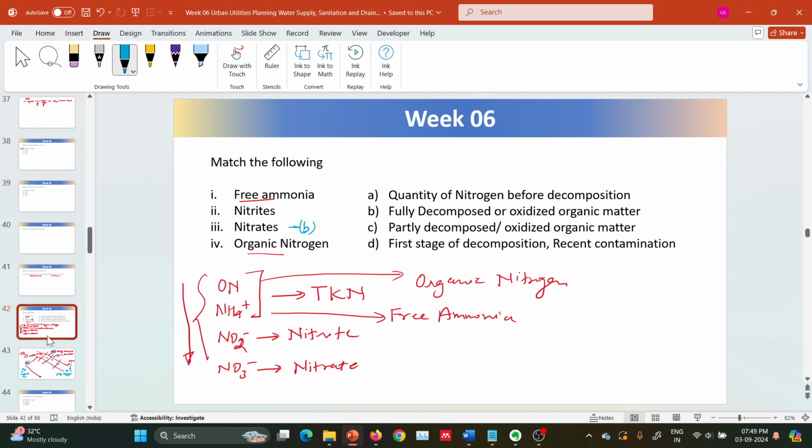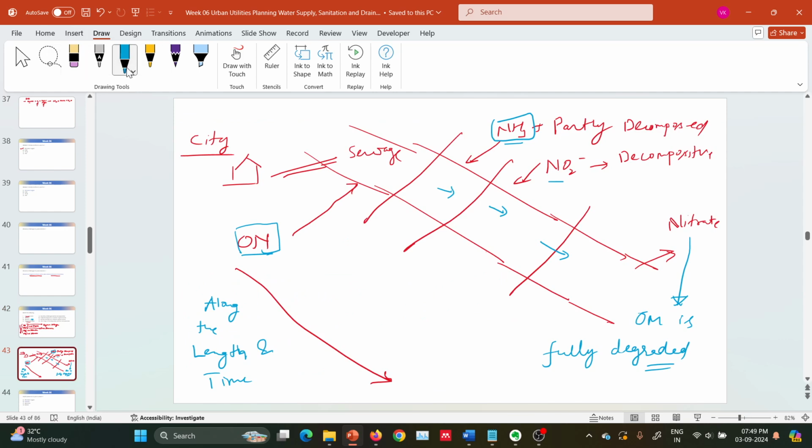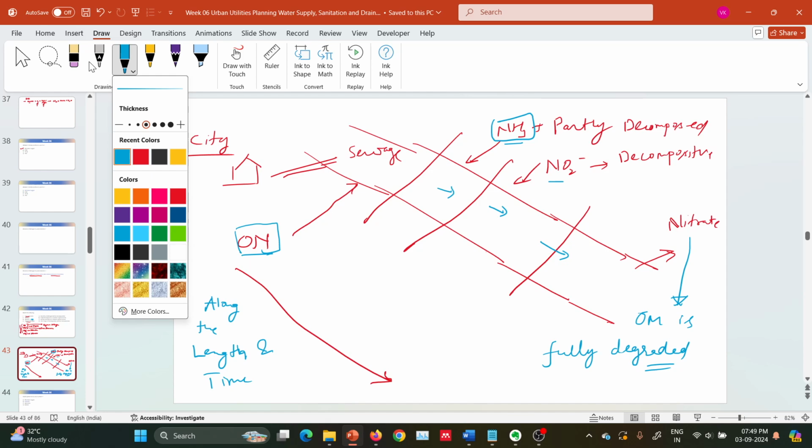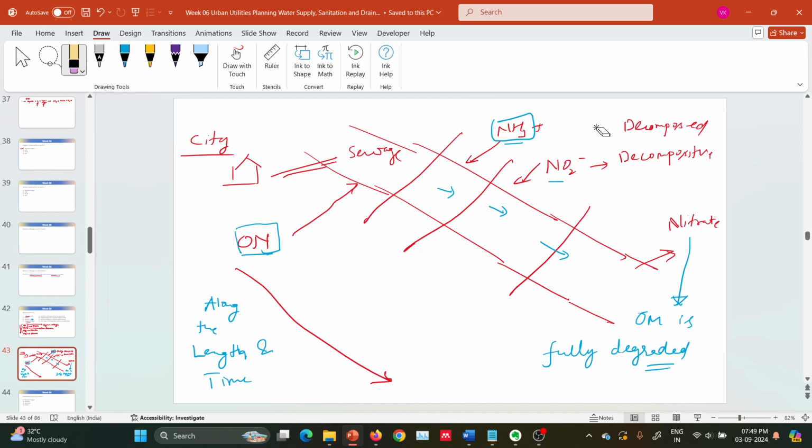Here I need to make one little change. Nitrate, this will indicate fresh contamination. And nitrite will tell partial decomposition.